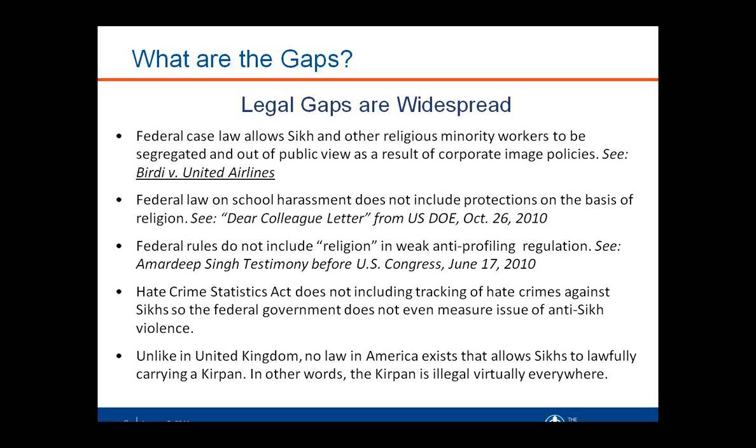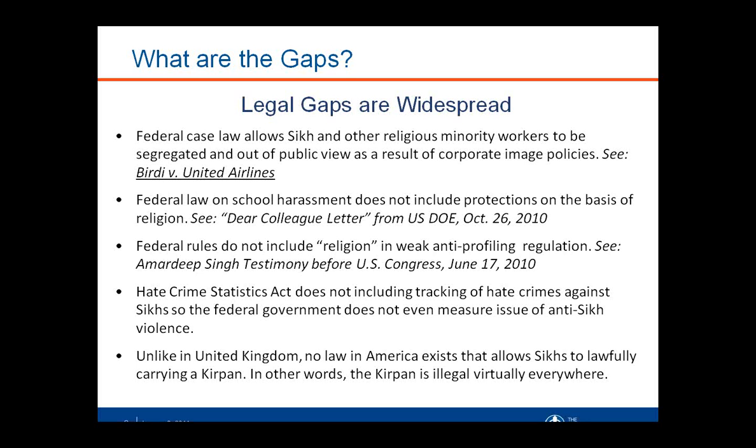Next, when it comes to hate crimes, there is a federal Hate Crime Statistics Act that tracks hate crimes against certain categories of people. The idea behind the Statistics Act is that you can't understand a problem unless you have good data on the problem, and you can't address a problem unless you have good data on it. Well, guess what?